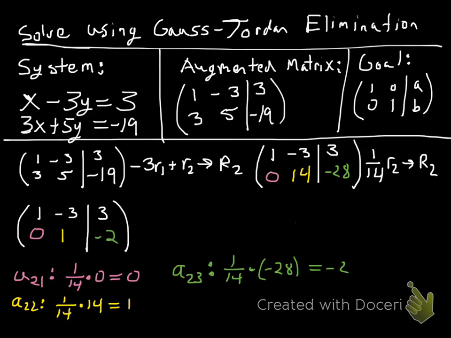Now I'm almost done. So I got this much of what I want done in my goal. The last thing I need to do is make this -3 a 0. So what I want to do is multiply the second row by, not -3, how about +3, and then add that to the first row, and that'll get that -3 to go away, because we'll be adding +3 to it.